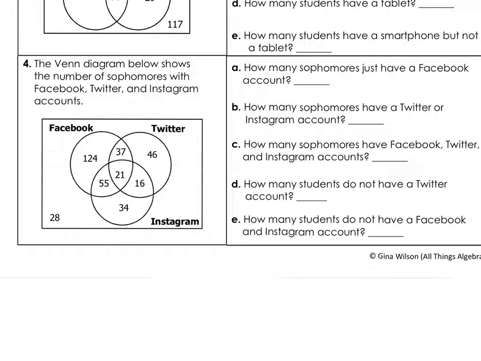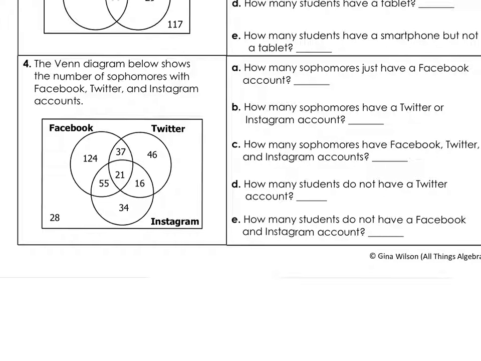And since that's the case, we can't count any of these guys because they have a Twitter account, and we can't count any of these people because they have an Instagram account. So the only students that we can count that just have a Facebook page is 124.